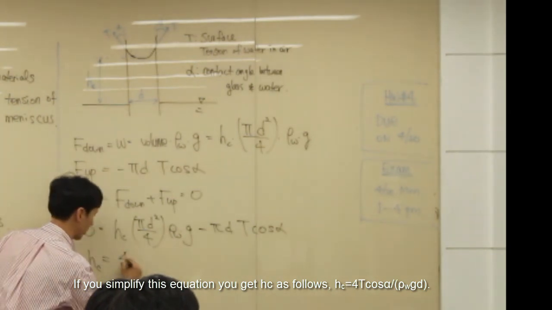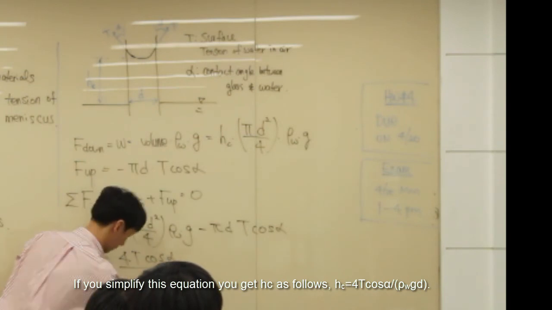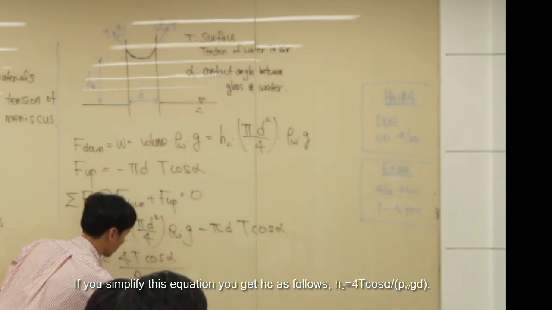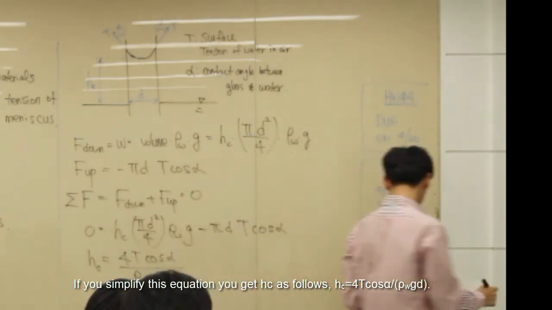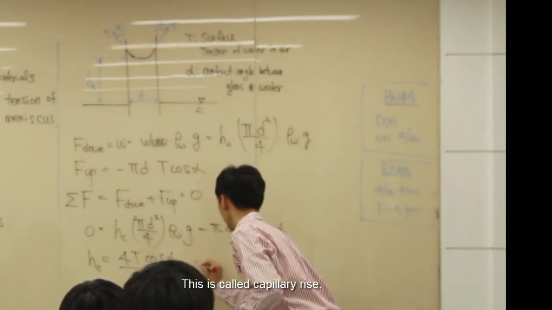So HC equals T cosine alpha over, and this is called the capillary rise.